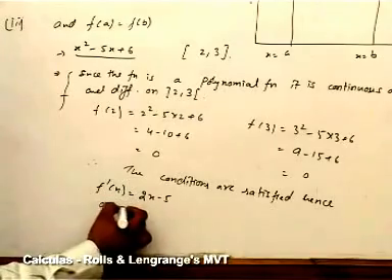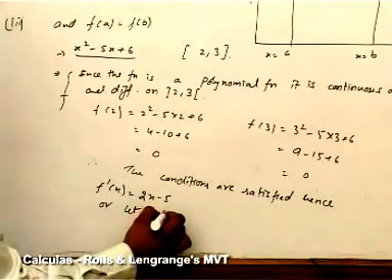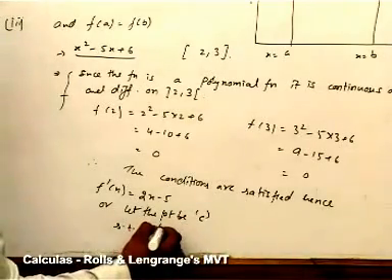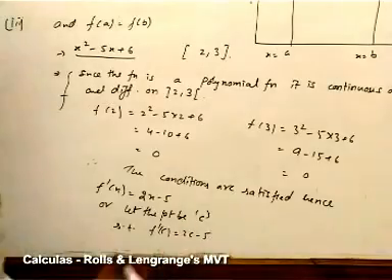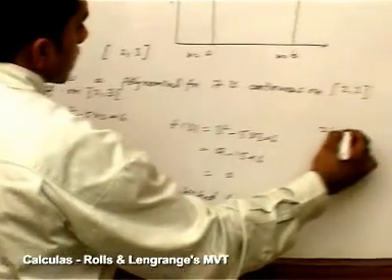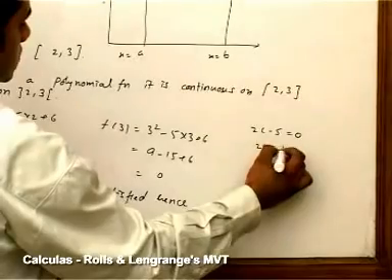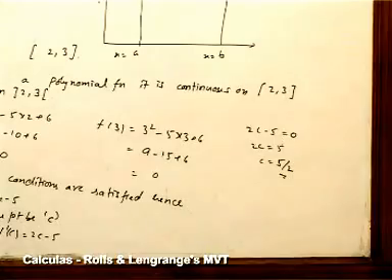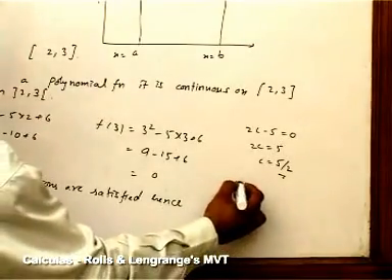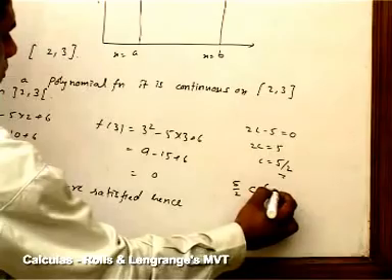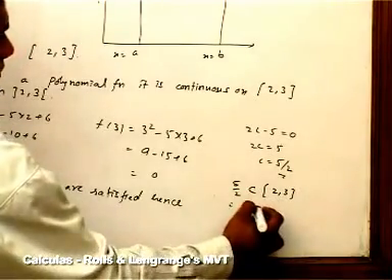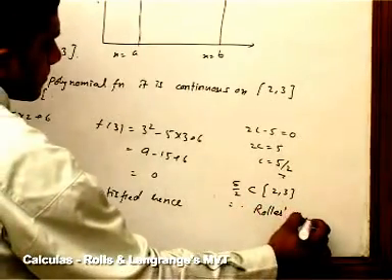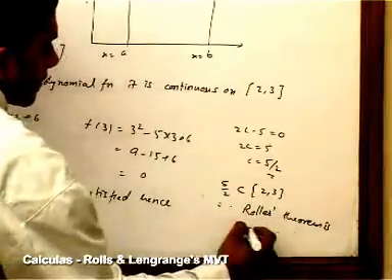Let the point be C, such that f dash c equals 2c minus 5, which must be equal to 0. So 2c equals 5, c equals 5 by 2. If it lies within the given interval, our theorem is proved, which is true also. 5 by 2 lies between 2 and 3. Therefore, Rolle's theorem is verified.